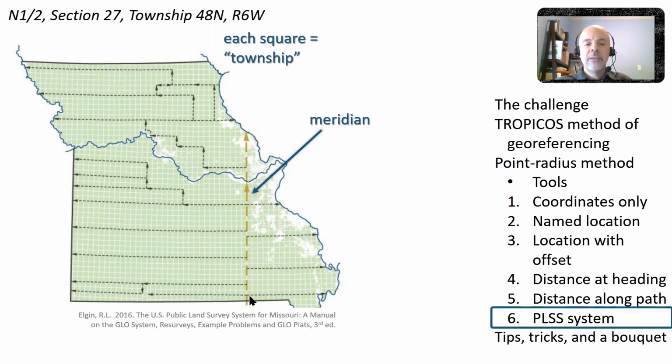Quite often, there's at least one meridian in a state. Sometimes the meridian is coincident with a border, but in this case for Missouri, it's not. And so each township is numbered according to where it is relative to the meridian. So you might have township number 28 west in this example, indicating that it's west of the meridian, or township 28 east of the meridian, something like that.